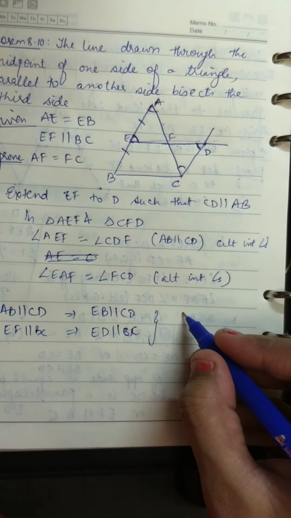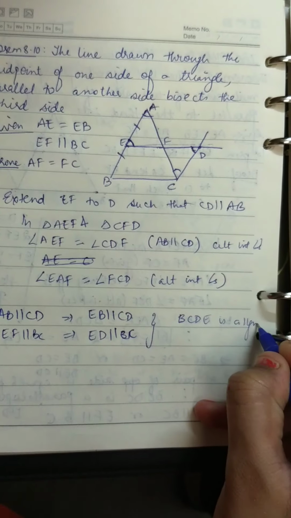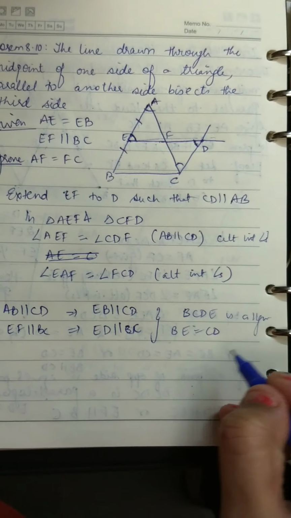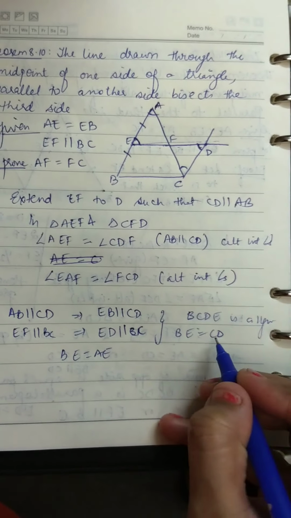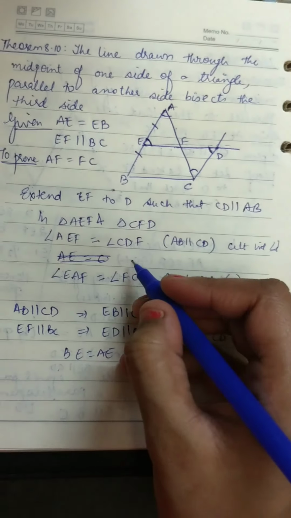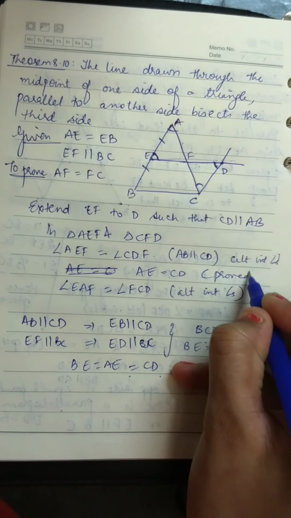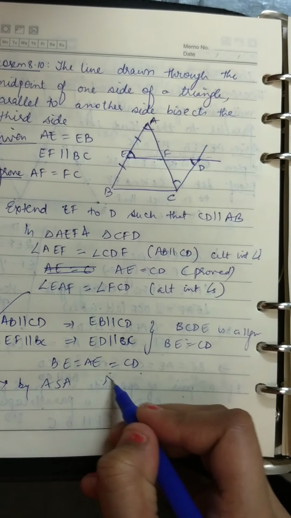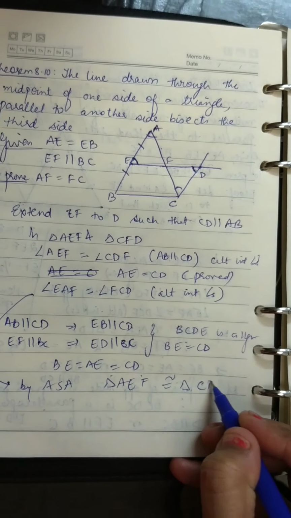Therefore, from these two points we can say BCDE is a parallelogram, and therefore BE is equal to CD because opposite sides of a parallelogram are equal. BE is equal to AE given, and BE is equal to CD, therefore BE is equal to AE is equal to CD. So by ASA criteria, triangle AEF is congruent to triangle CDF.